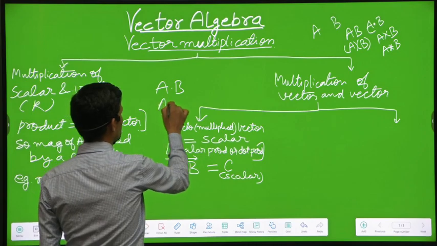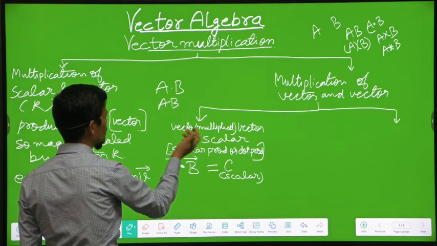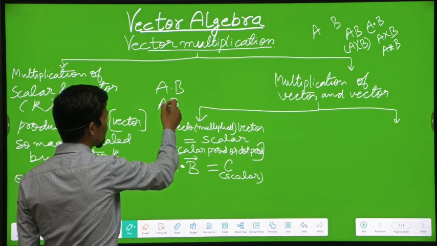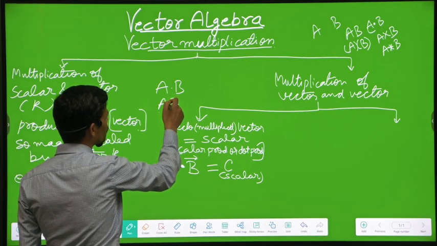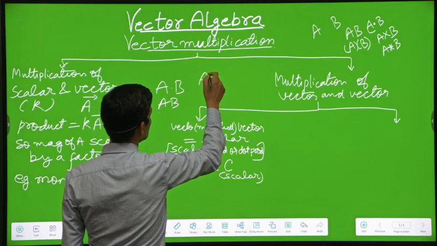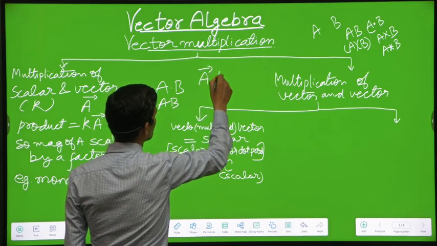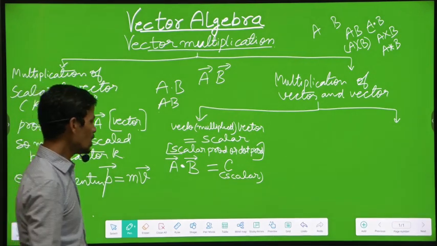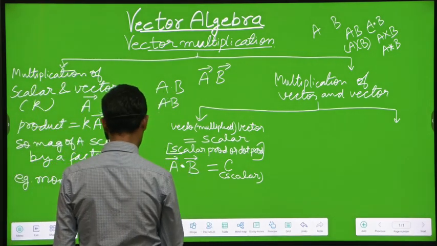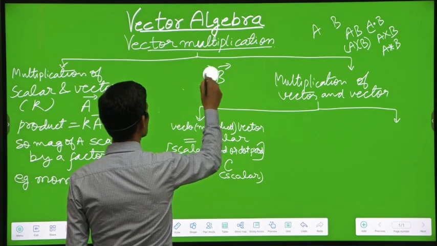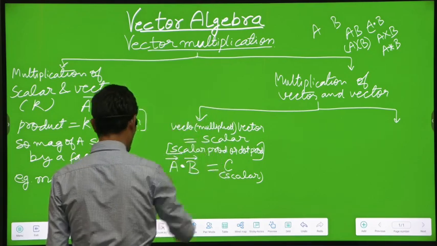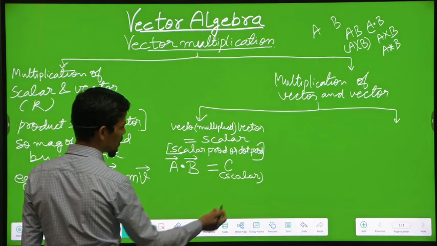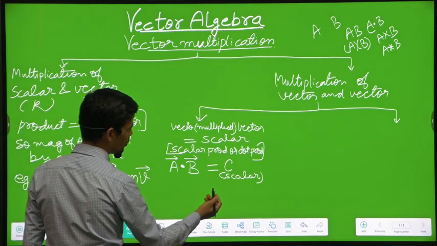If you write AB, it is also the multiplication of their magnitudes. But if you write the arrows without the dot, this is meaningless. So be careful, how are you denoting its product? So A dot B is C. This is the dot product.